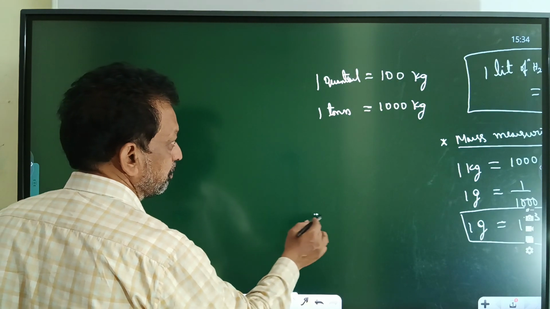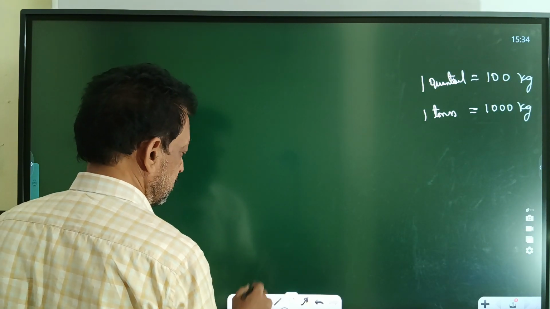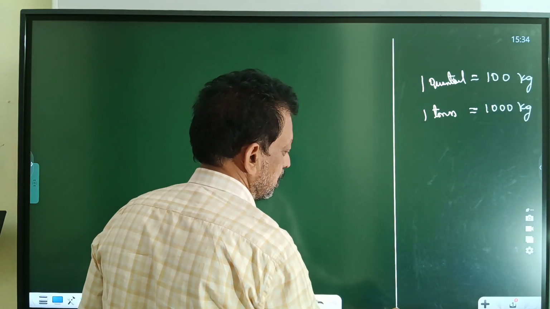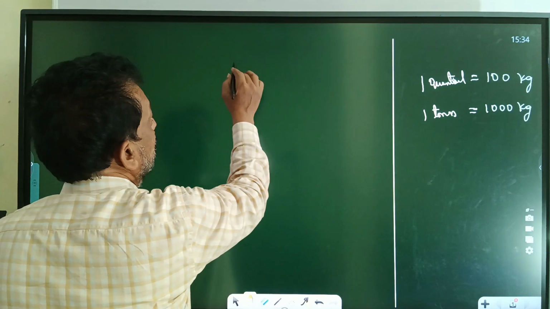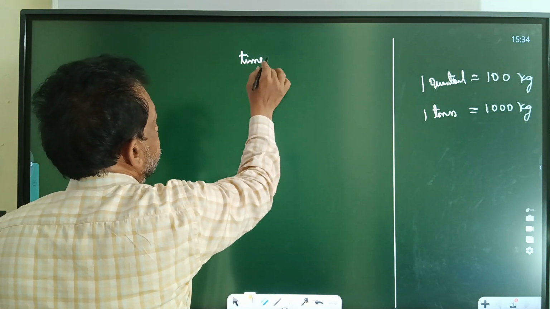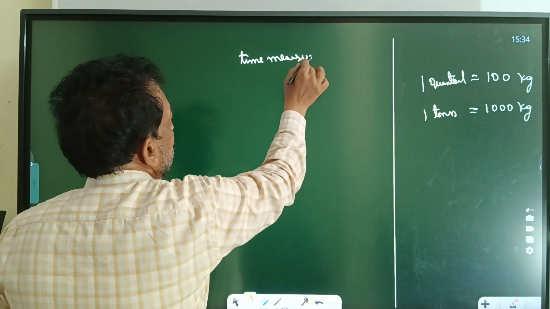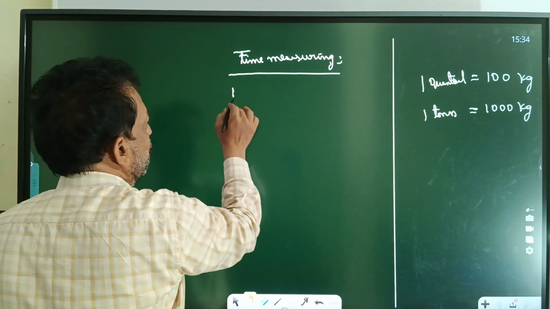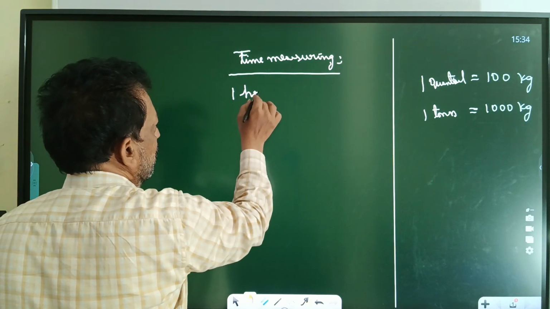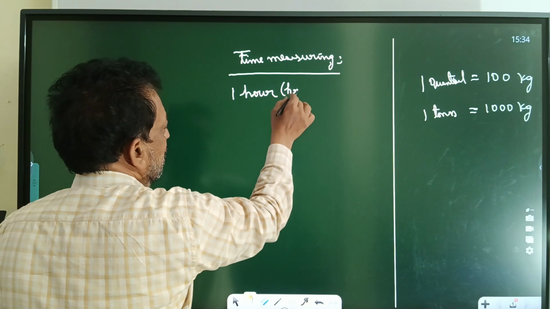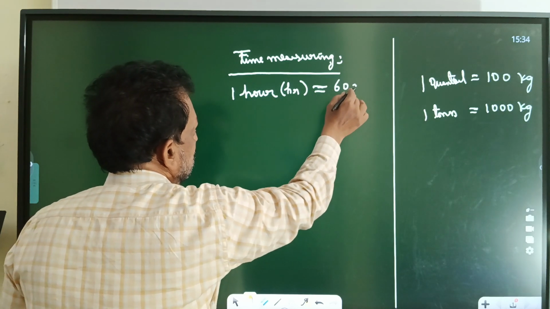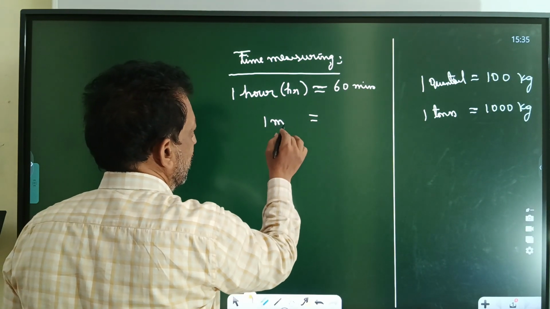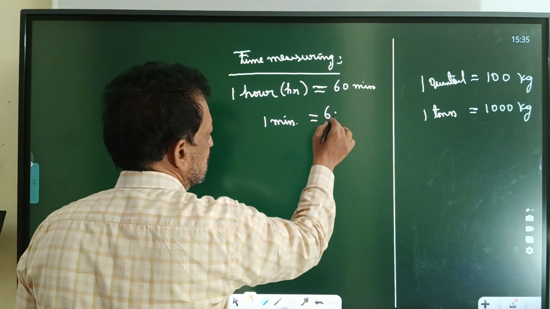Next, time measuring. In time measuring, all of you know the time. 1 hour, which we short for HR, is equal to 60 minutes. 1 minute is equal to 60 seconds.